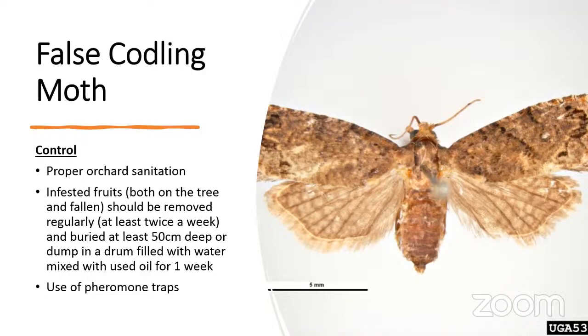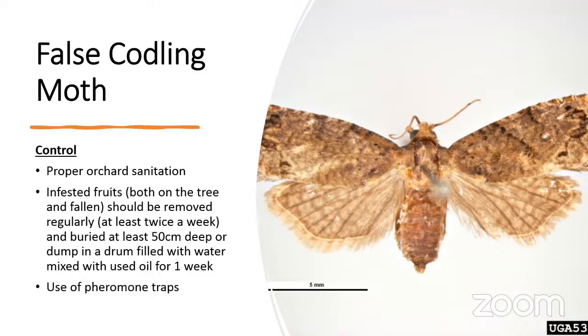Then infested fruits, both on the tree and fallen, should be removed regularly, at least twice in a week. And when that is done, bury them 50 centimeters deep in the ground.